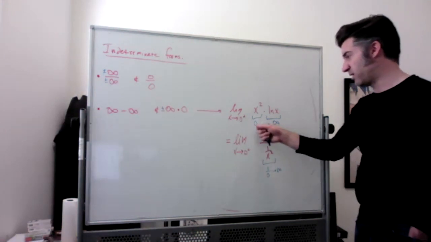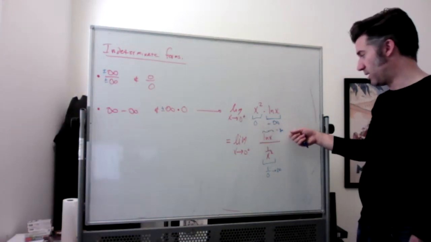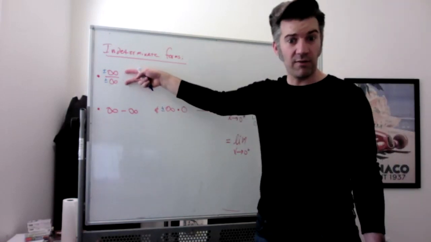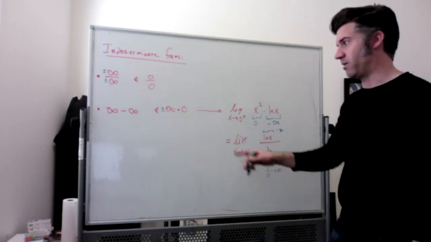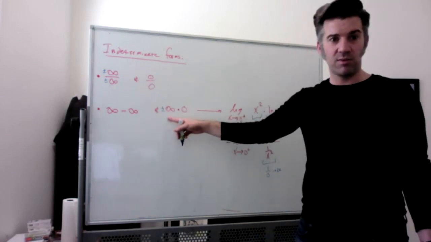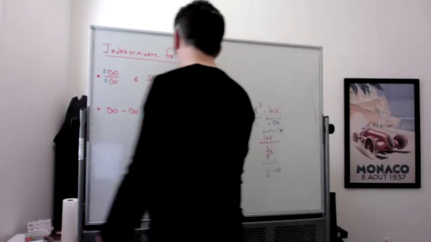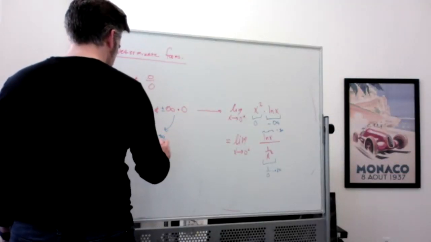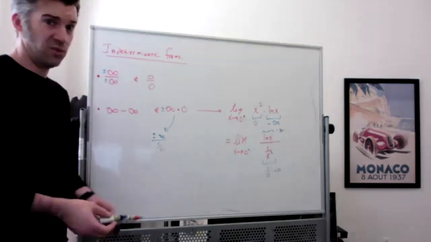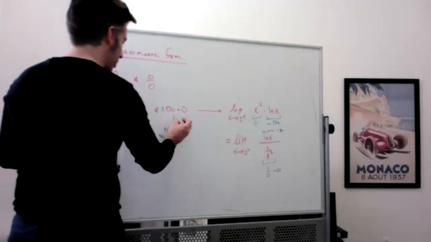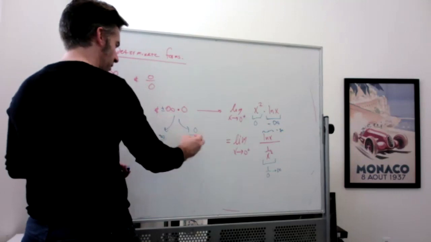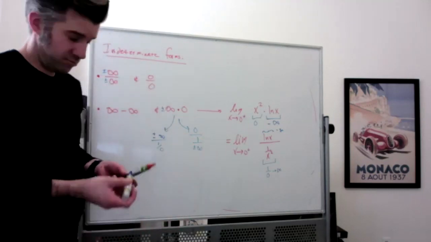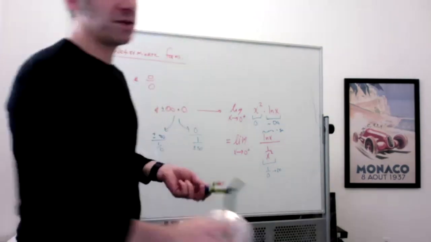So you took your infinity times negative infinity and made it negative infinity divided by infinity, which is an infinity over infinity form. So that's the whole thought with an infinity times 0. You basically divide by the reciprocal of one of these. You either make it plus or minus infinity over 1 over 0, which is infinity over infinity, or you make it 0 over the reciprocal of that, which is a 0 over 0. Always works. Well, mostly always works.